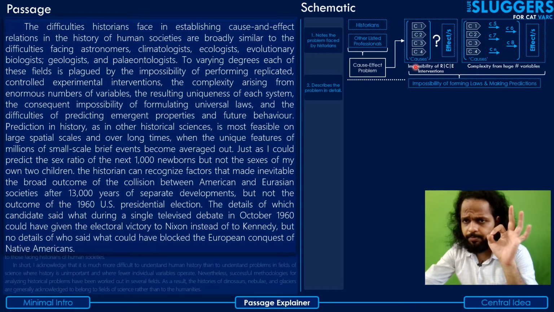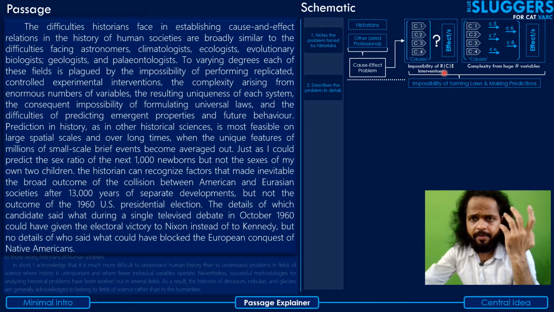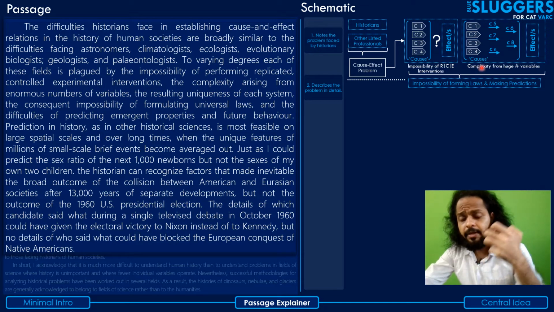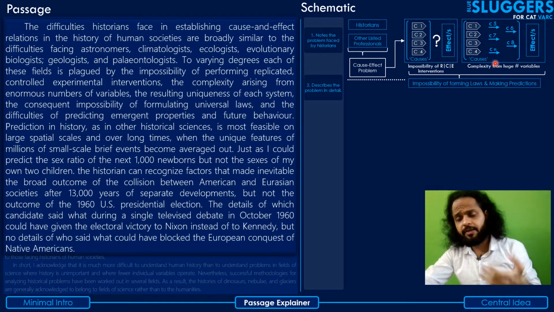So the first problem was the impossibility of performing replicated controlled experimental interventions, and the second problem is that even for the effect that you're trying to study, the number of causes is not limited. There are so many factors which come into play.